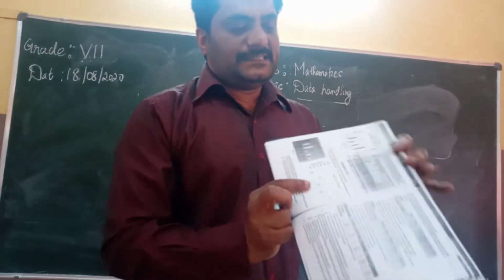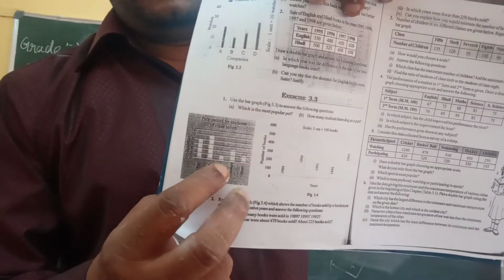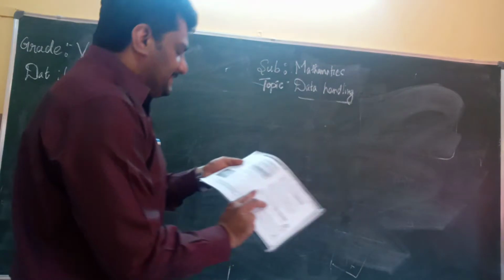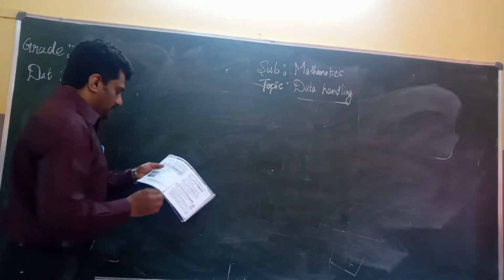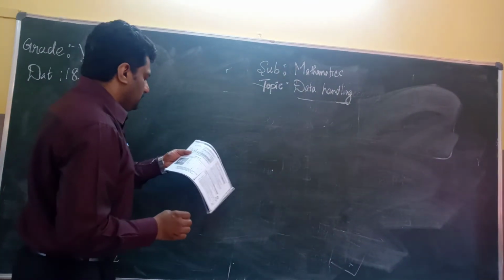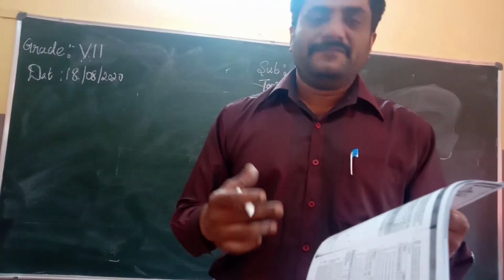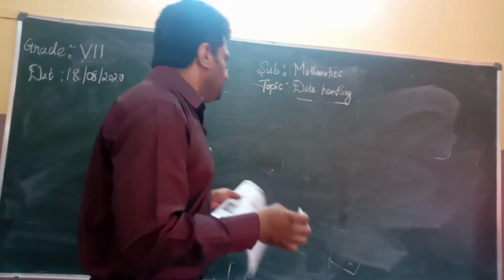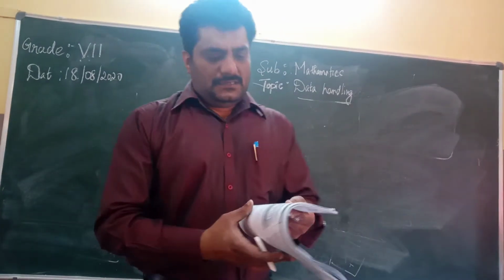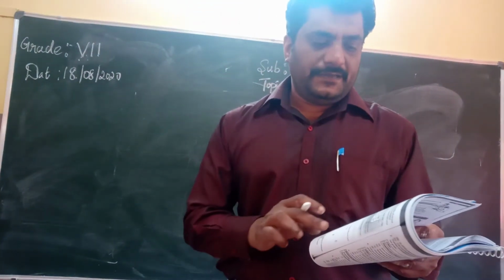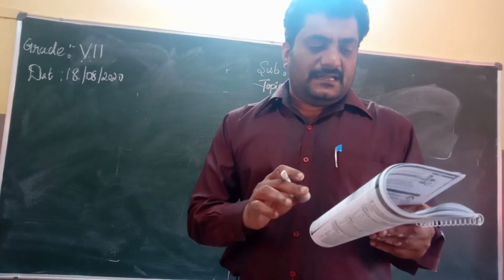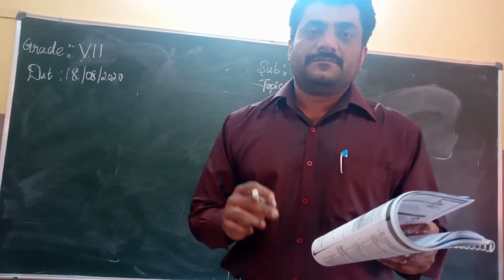Now in this question, they've already given the bar graph diagram. In this diagram, they have mentioned the pets which the owners have owned. Pets are nothing but all the animals which are kept at home. Now they are asking which is the most popular pet.